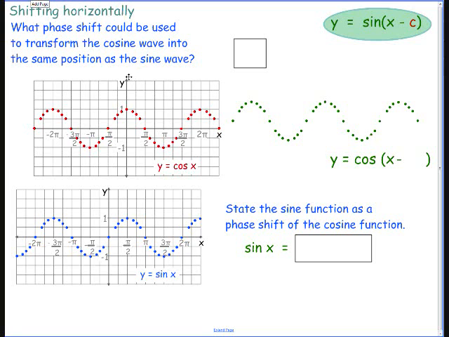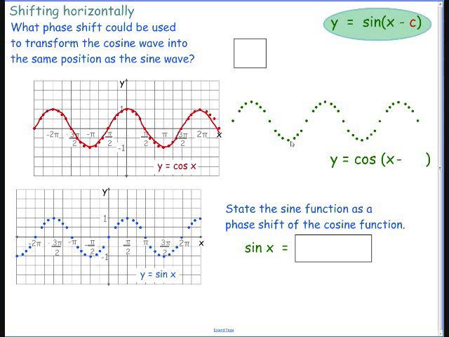What phase shift could be used to transform the cosine wave into the same position as the sine wave? All right, here's our sinusoid. They're lovely, aren't they? Just a nice wave pattern.